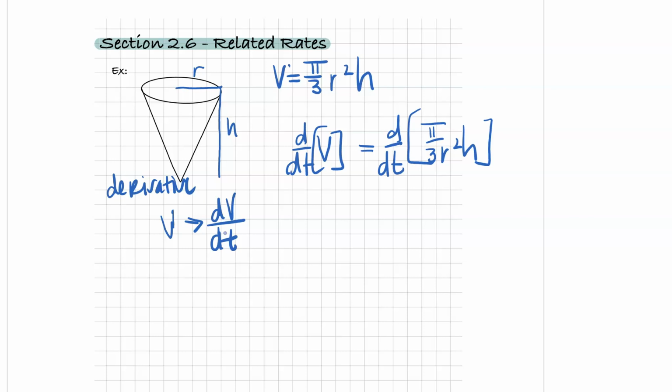And that means if I'm looking at my r squared in this problem, thinking about derivatives, that would be 2r, bringing down that exponent, subtracting 1 from it, times the derivative of r with respect to time, thinking about your chain rule. And if you look at your h, its derivative would be 1, because the derivative of a constant just is that coefficient, but this is the derivative of h with respect to time.